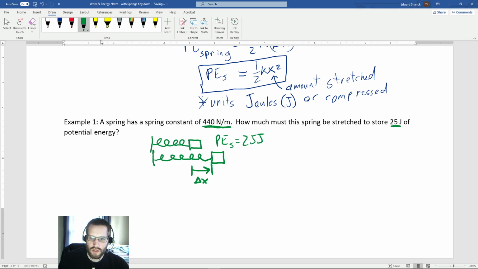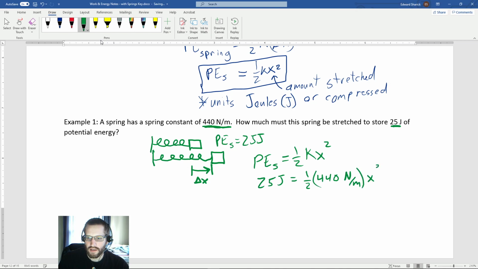We can just use this equation here. PE, the potential energy of the spring, is 1/2 times the spring constant times x squared. My spring potential is 25 joules, my spring constant is 440 newtons per meter, and then I get x squared.